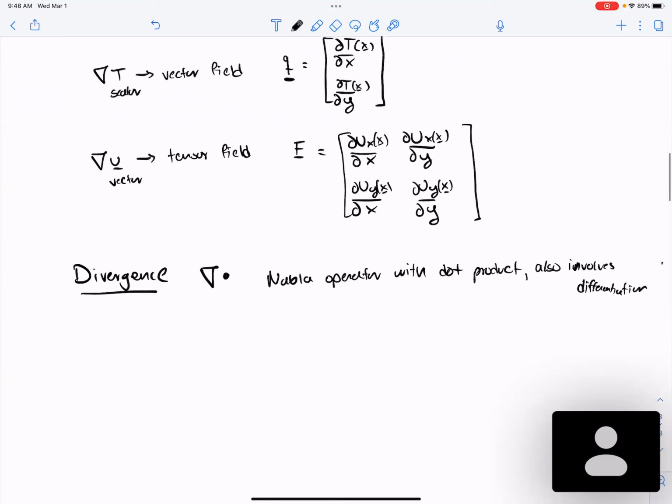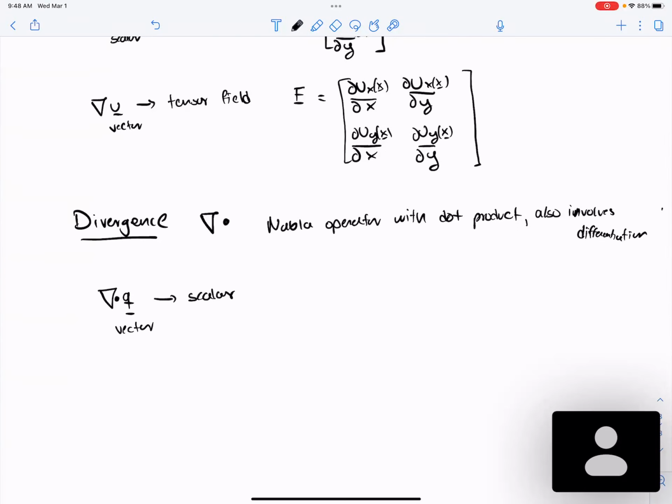But it will reduce the order of the field. So for that one, if you have a vector field, let's say you want the divergence of a vector field, that will give you a scalar. And the divergence of a tensor field will give you a vector field.